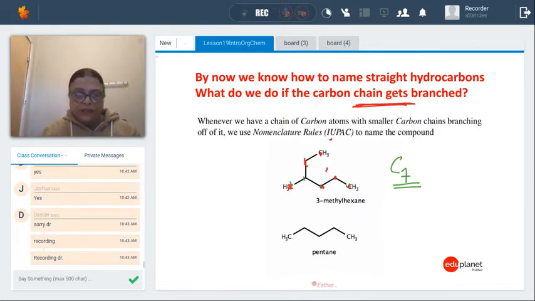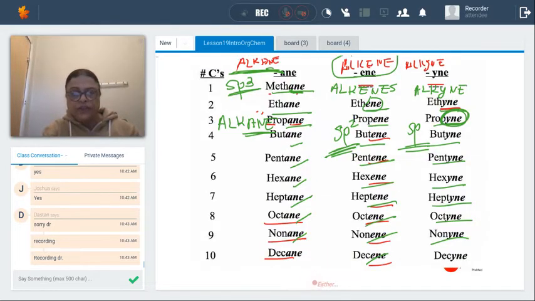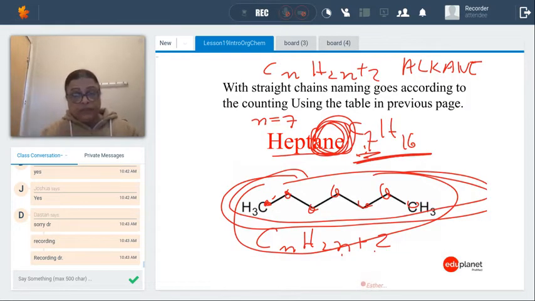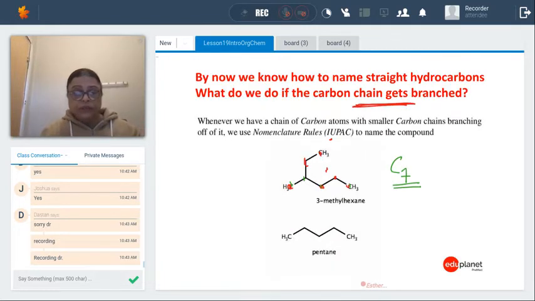So the straight chains are given here: pentane, hexane, heptane, octane. These are straight chains. But what happens when they get branched? So there was a group of smart scientists. They met and they decided on rules of naming.